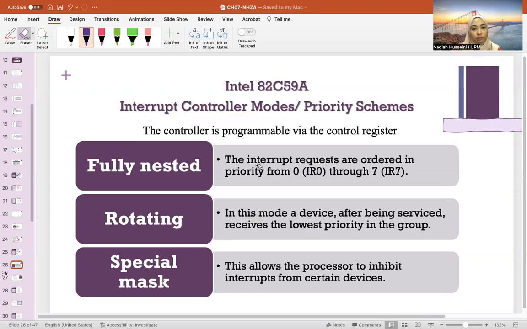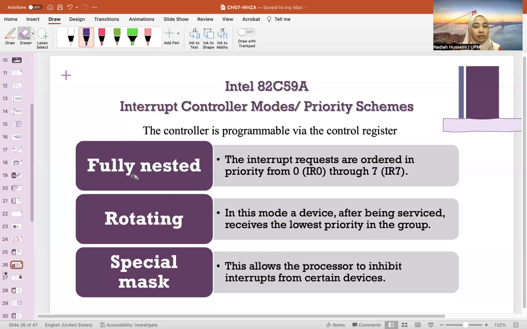So the fully nested mode is where the interrupt requests are ordered in priority from 0 through 7. So IR0, this should be 8. Oh, sorry, it starts from 0, not from 1. Sorry, yeah, it is 7. So 0 to 7.